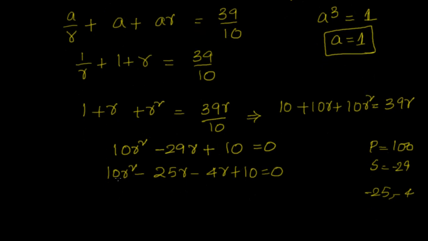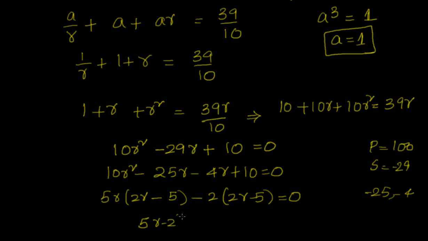Now I can take 5r common here. It will be 2r minus 5 minus 2 into 2r minus 5 equal to 0. That will give me 5r minus 2 into 2r minus 5 equal to 0. That gives me 5r equal to 2 or 2r equal to 5.